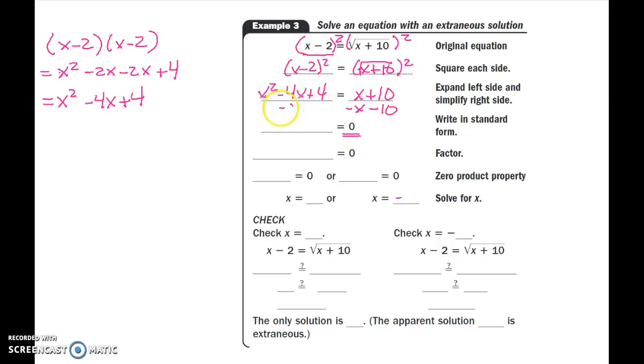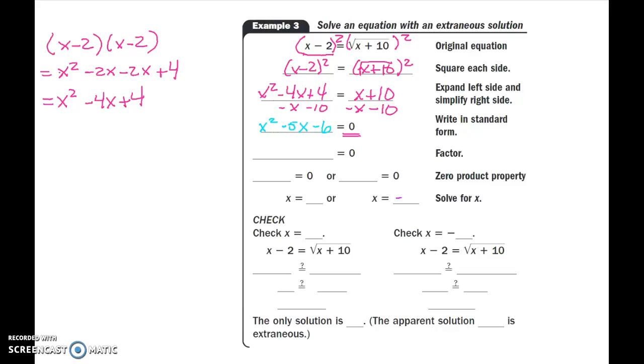So I'm going to subtract x from here, subtract 10 from here, and I get x squared minus 5x minus 6.